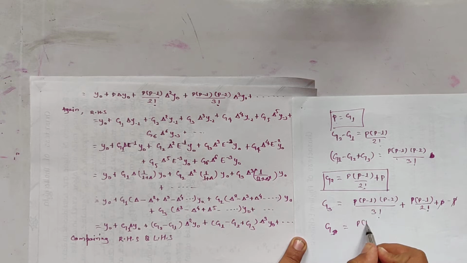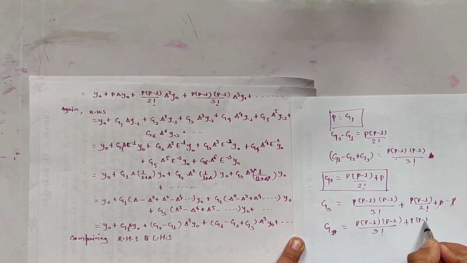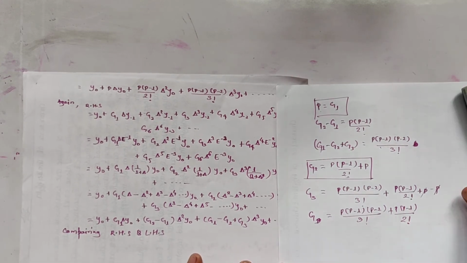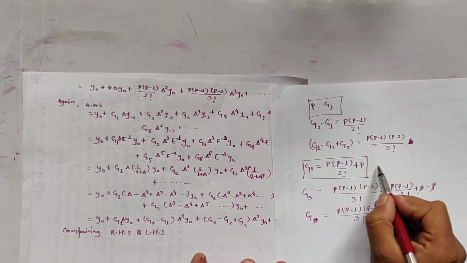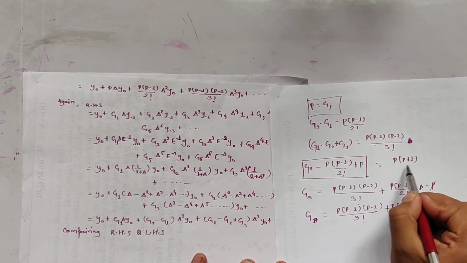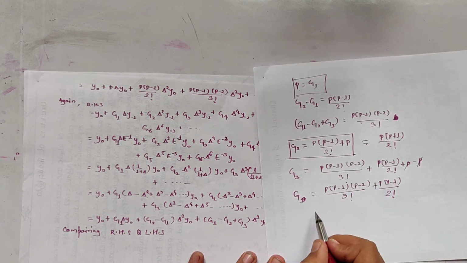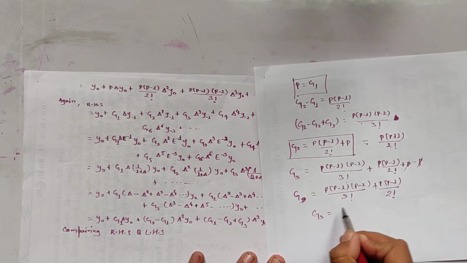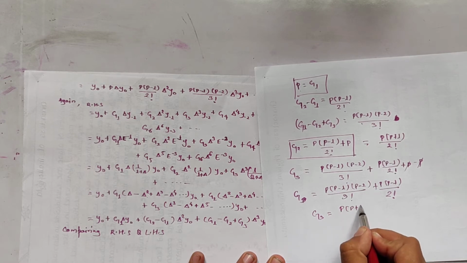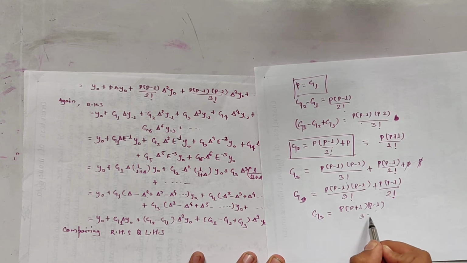So G2 is this, and G3 is P into P minus 1, P minus 2 divided by 3 factorial plus P into P minus 1 by 2 factorial. When we solve, we get a simple form as P into P plus 1 by 2 factorial, and when we solve this, we get G3 as P into P plus 1, P minus 1 by 3 factorial.